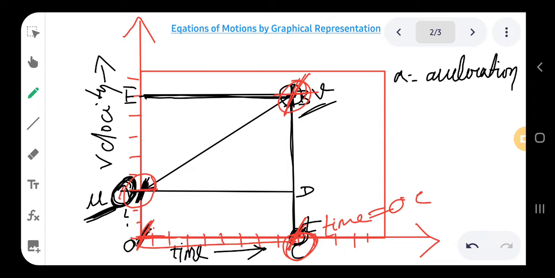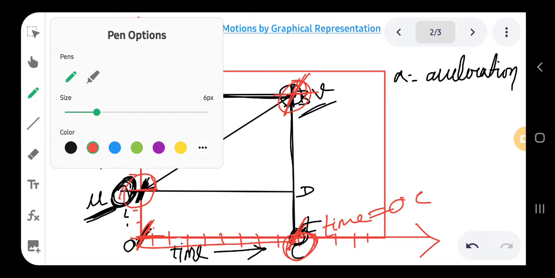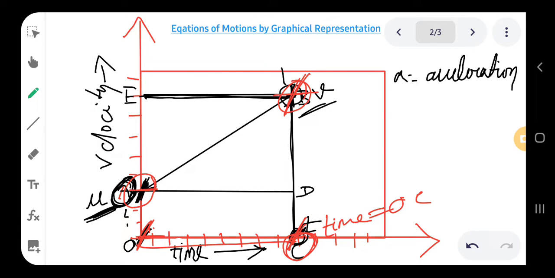Then BD equals BC minus CD, or not? Where is BD? This is our B. So BD is equal to BC minus CD. This BC, from here to here.